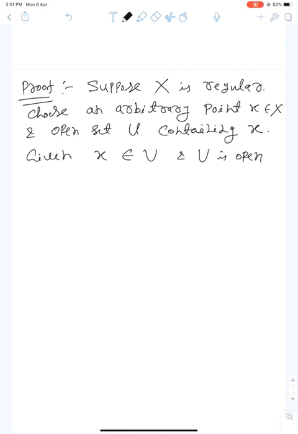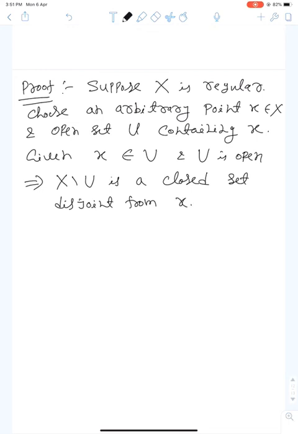Now that implies X minus U is a closed set disjoint from the point x, right?